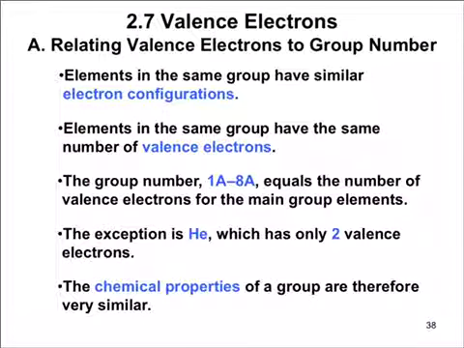But it turns out that elements in the same group have similar electron configurations. Okay? And elements in the same group have the same number of valence electrons.